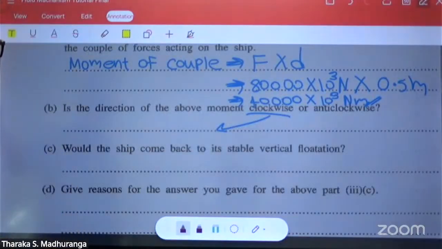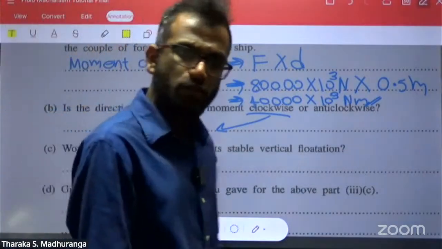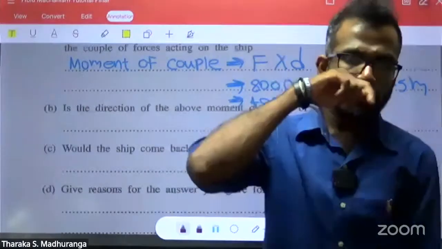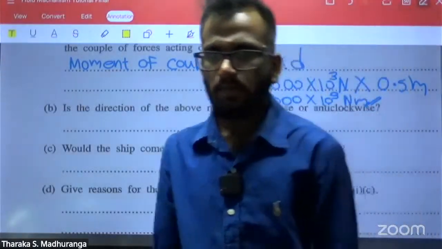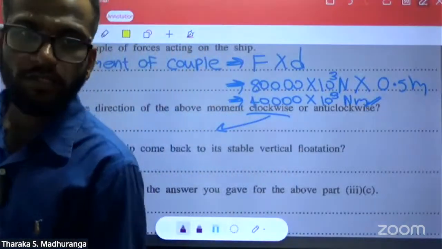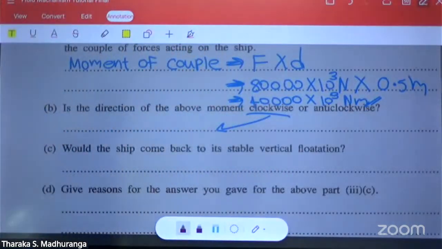Would the ship come back to its stable vertical flotation? What do you think? Yes or no? Yeah, it is a good point. Come to stable or not?